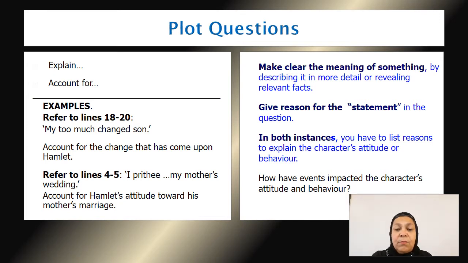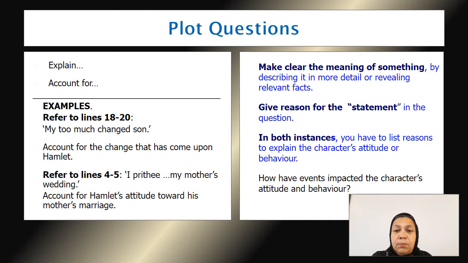So this is information that you already have, that you know as you go into the examination. In both instances, you have to list reasons to explain the character's attitude or behavior. These are not difficult questions. Once again, you already know why Hamlet has changed. What is the reason for Hamlet's changing?